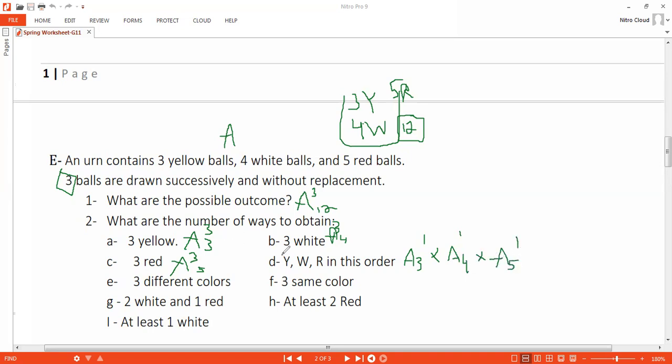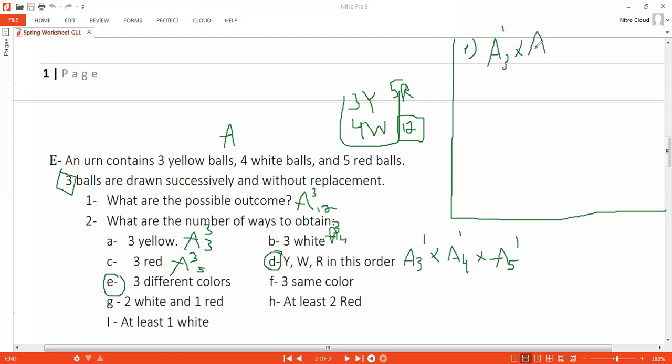Now, what's the difference between D and E? In D, we have 1 yellow, 1 white, and 1 red. And in E, they told us that they are different colors. The difference is that in part E, they didn't give us the order. And in A, the order is very important. So how do I solve E? 3 different colors. I'm going to copy the answers.